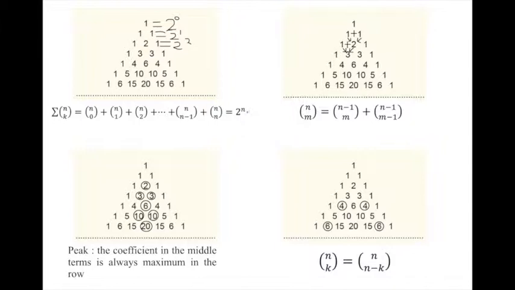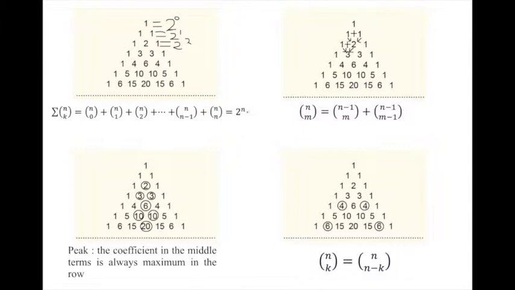There are a few properties of this series. The sum of the coefficients n choose k equals 2 to the power n. When you open it up, you will get n choose 0 plus n choose 1 plus n choose 2 all the way to n choose n.